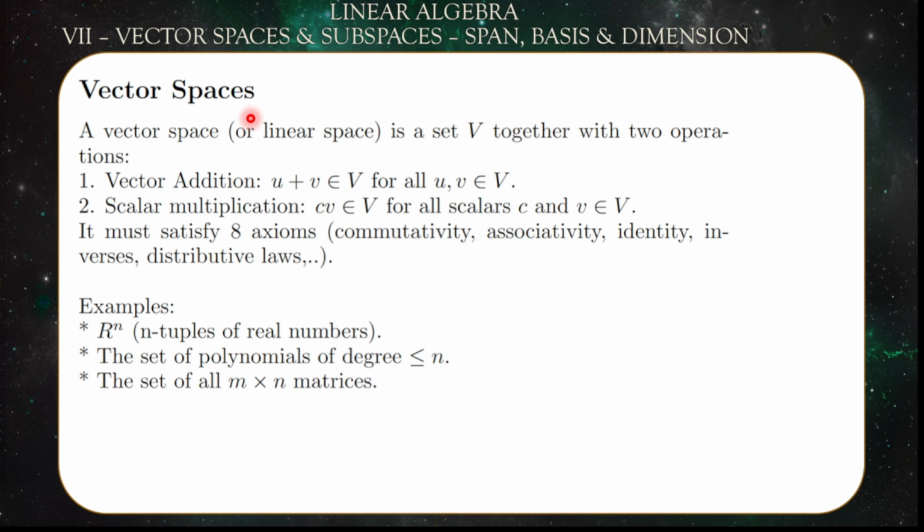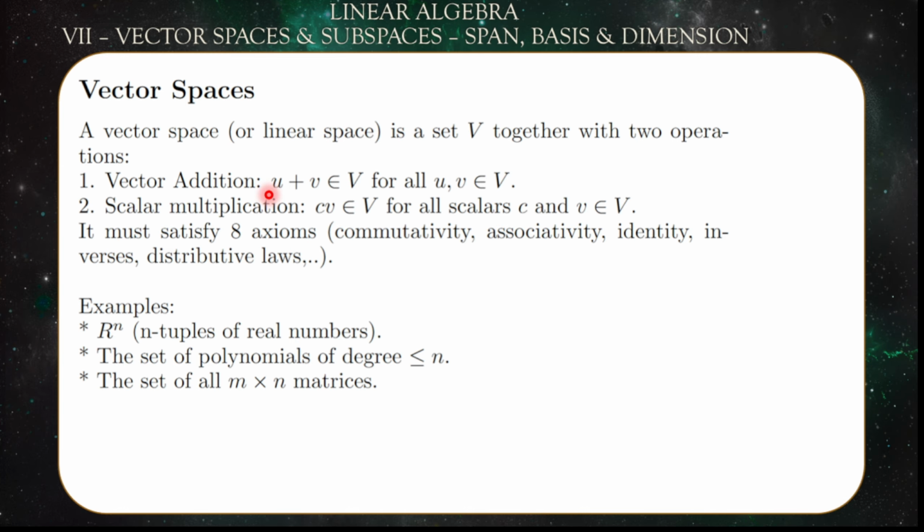Vector spaces. A vector space or linear space is a set V together with two operations. You have vector addition: u plus v is within V for all u and v within V. You might notice that this is a kind of repetition, but it's important so that we can re-emphasize some notions that we've seen before.